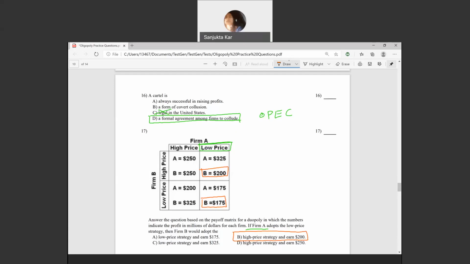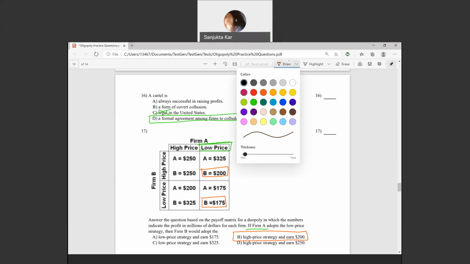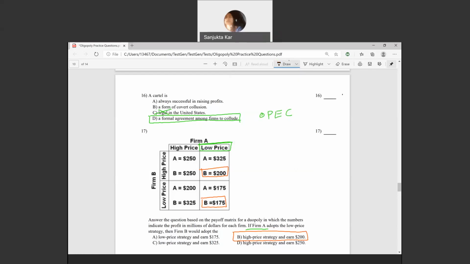What is really messed up in this problem is they should have written B in front of A. They should have done it this way here. Let me see here. I could just write here because B is on the left. The first number is for the person on the left here. That makes this question confusing. I can write it this way for you. 325.